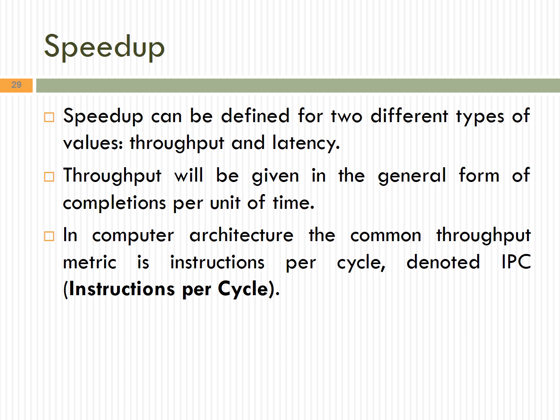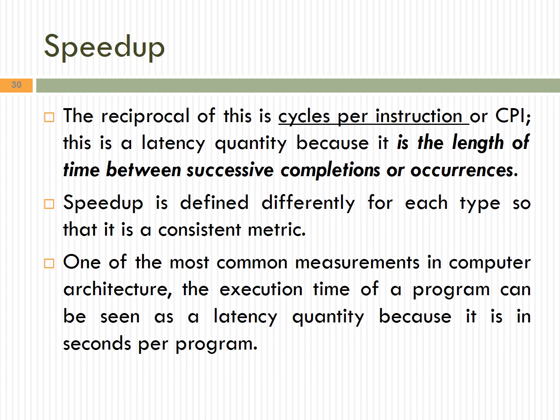Speedup. Speedup can be defined for two different types of values, throughput and latency. Throughput will be given in the general form of completions per unit of time. In computer architecture, the common throughput metric is instructions per cycle, denoted IPC.